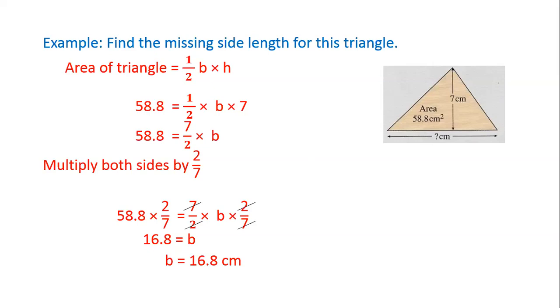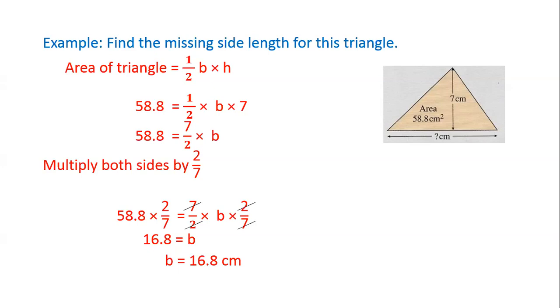As he said, you have to write the formula A equals 1 over 2 multiply B multiply by H. The area already exists in the question, 58.8 equals 1 over 2, a known value, multiply by B. The base is unknown, multiply by H, and H is 7 in the question.